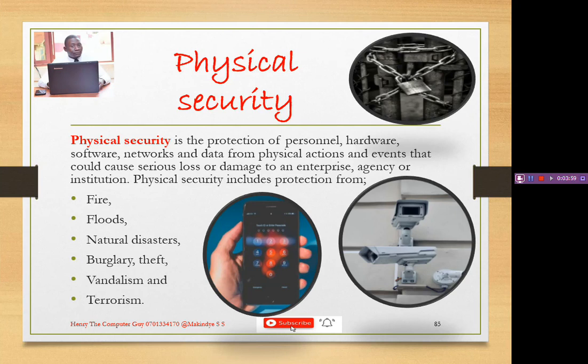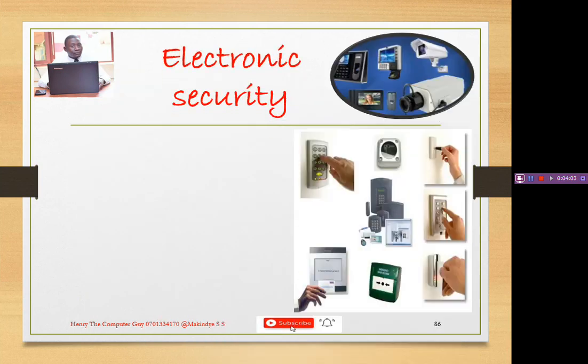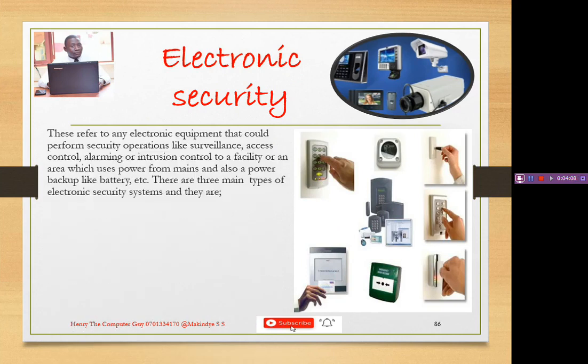Are we together? So let's continue with what we call electronic security. And under electronic security, they are telling us that these refer to any electronic equipment that could perform security operations like surveillance, for example, the CCTV camera. Access control. You cannot access a building because let's say you don't have a card. Alarming.